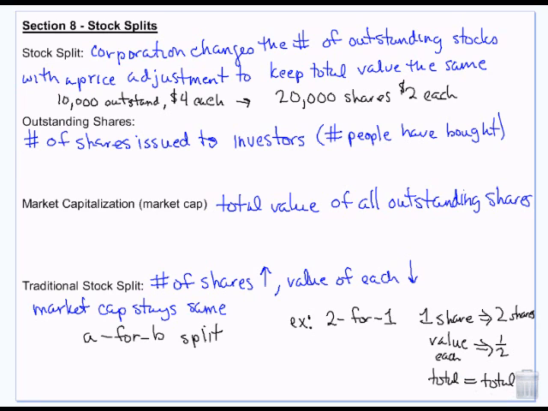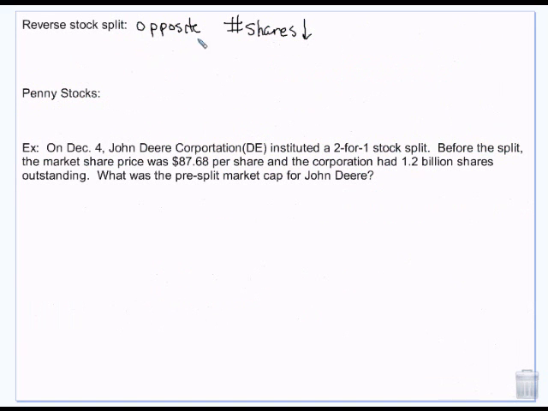Okay, the reverse stock split is the opposite. The number of shares goes down and the value of each goes up. The market cap still stays the same. And it is still an A for B situation.